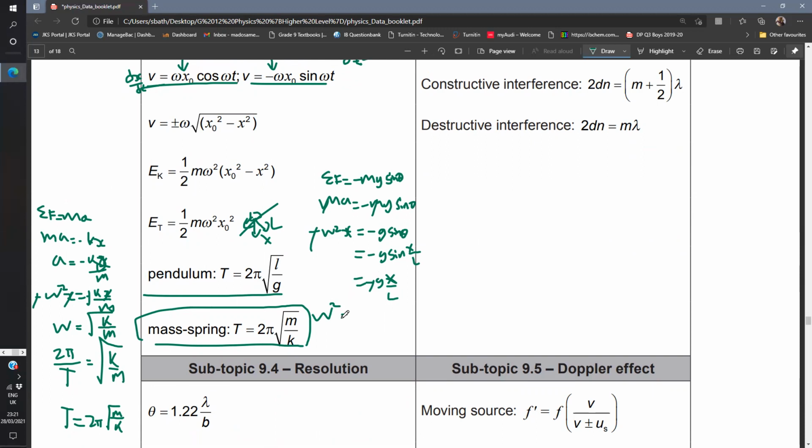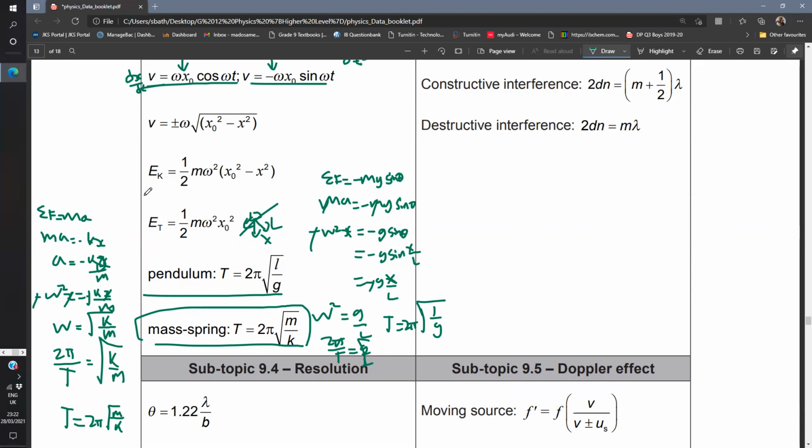Omega squared is equal to g over L. And then just the same thing, 2 pi over T is equal to square root of g over L. And then finally T is equal to 2 pi square root of L over g. So these are basically given, you don't really have to memorize them. However, it's vital, of course, to know how to derive them.